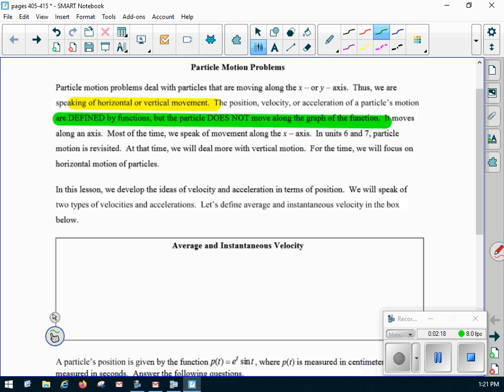Does the speed increase or decrease as the ball goes up? The speed decreases, so it starts out fast and gets slower until it reaches that point where it's not going up anymore at all, and then it comes down. Does the particle gain speed or lose speed as it falls? Gain speed.